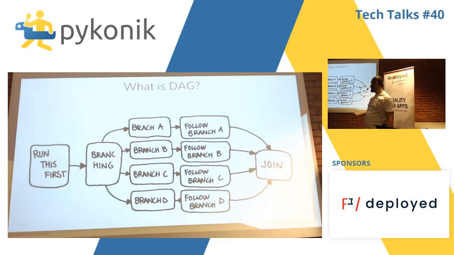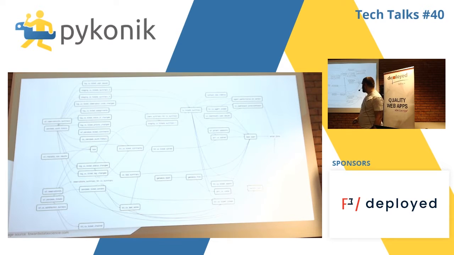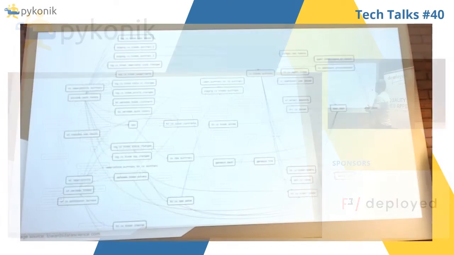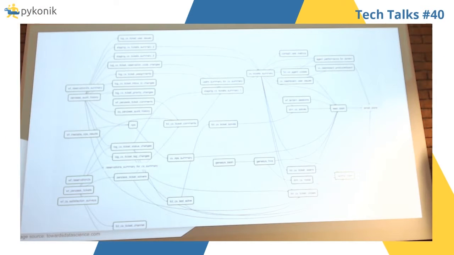That's just an example. As you see, there are some real DAGs that are used to solve complex tasks. And as you see, it starts in different nodes. It can work like that. It's up to you how you create it.